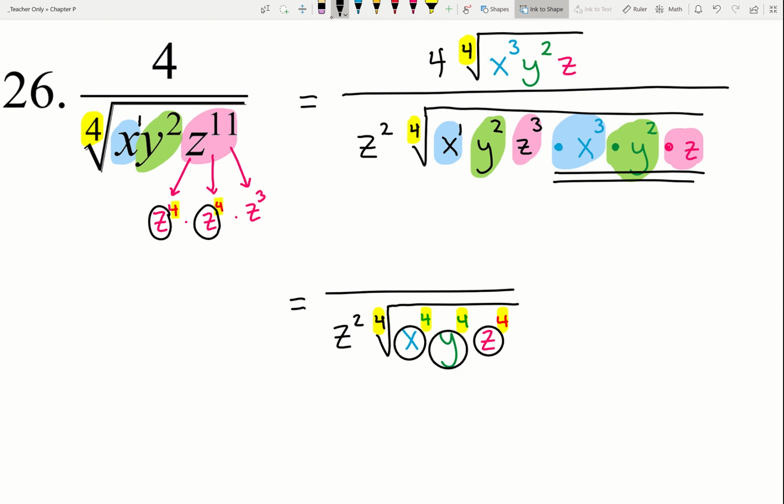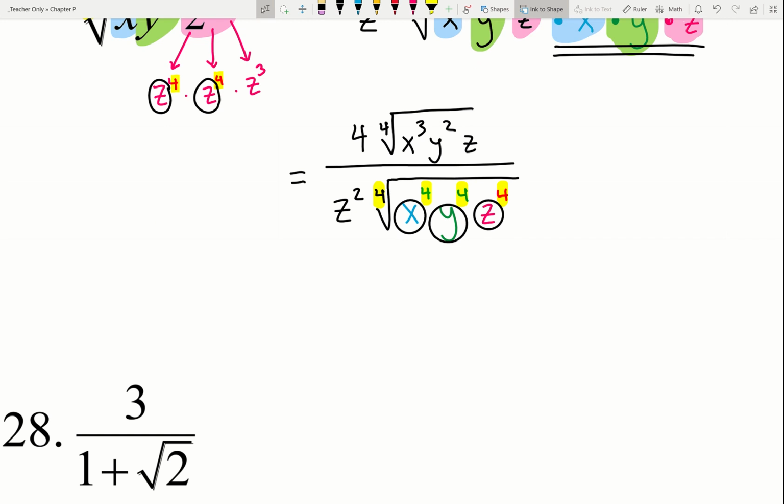And then the top part, there's really nothing to do to simplify that, so we're just going to go ahead and write there 4 times the 4th root of x to the 3rd, y to the 2nd, z. Okay? So now, cleaning up that denominator, if everything is allowed to leave the root now, let's just keep a running track of what left the root. So I have a single copy of x that left. I have a single copy of y that left.